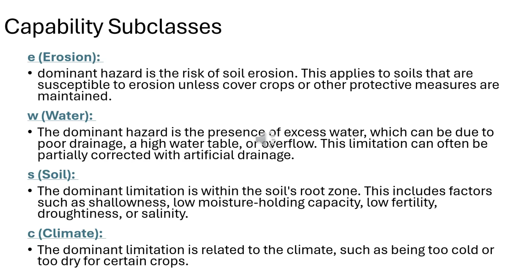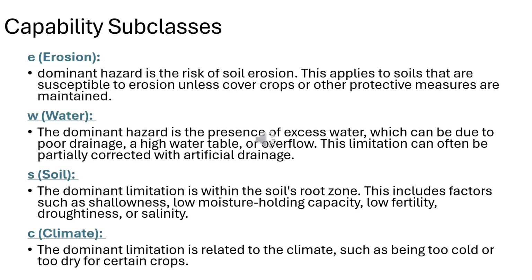Now, you have those general capability classes, the main category. Well, then for each one of those classes, you could have a multitude of conditions that causes those restrictions. And so you have these subclasses which give what that dominant hazard is.